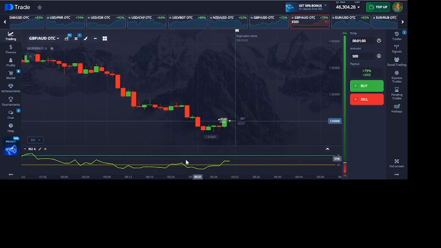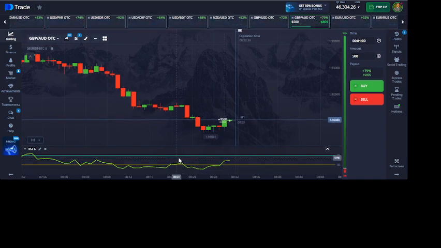So just like the previous setup, first I wait for the RSI line to fall below the 30 line. Here it's been traveling below the 30 line. And I waited for the price to go above the 30 line again and close above the 30 line. And right here is where I took the trade.